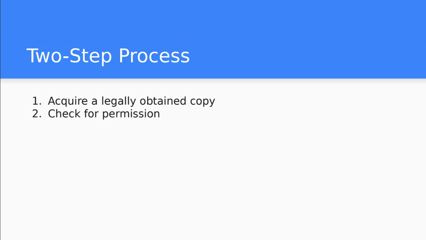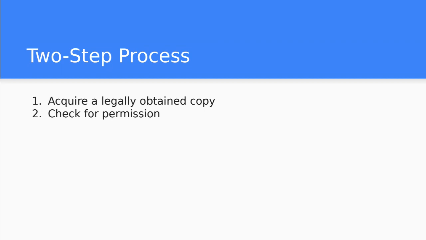That could be downloading the PDF of a journal article from one of the library's databases. That could be a copy of an ebook, again, through the library, purchasing it, whatever that might be. Interlibrary loan, right? There's provisions, that's a legally obtained copy. So if we don't own the book, but another library does, you can scan the PDF. So legally obtained is very broad.